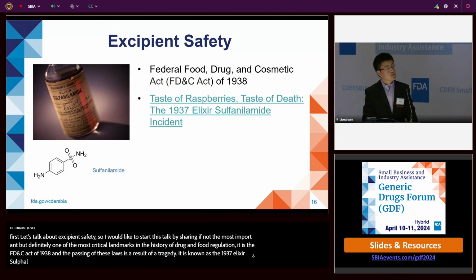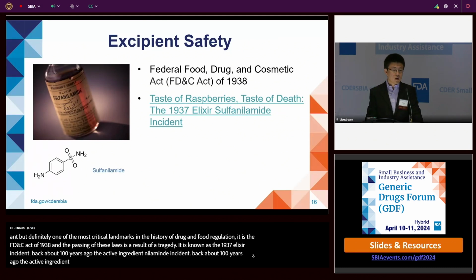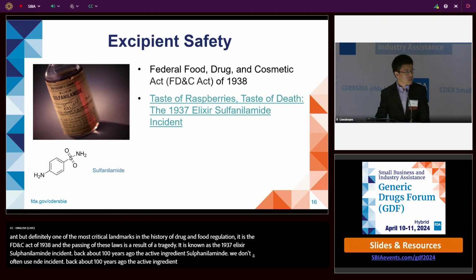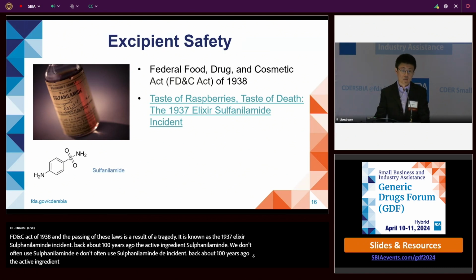On the left side, I show the original bottle from almost 100 years ago, and also the active ingredient, sulfanilamide, in it. Sulfanilamide was an antibiotic. We don't use it often today, but think about that: that's the 1930s, and by that time penicillin had not been purified.